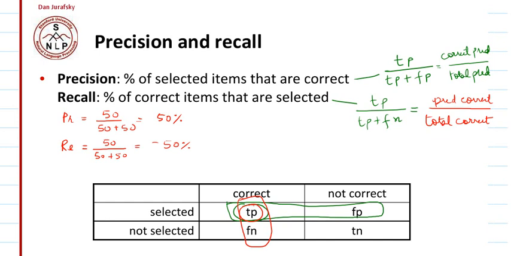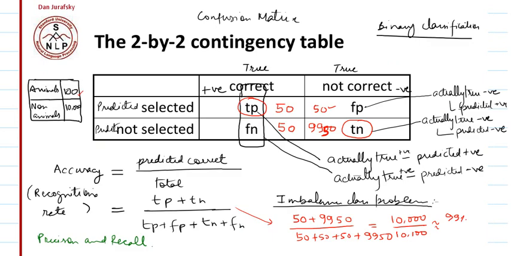From this data I am having 100 samples of animals, which is the true data. Among these 100 samples, how much it is able to recognize as animals, that is called recall, right?